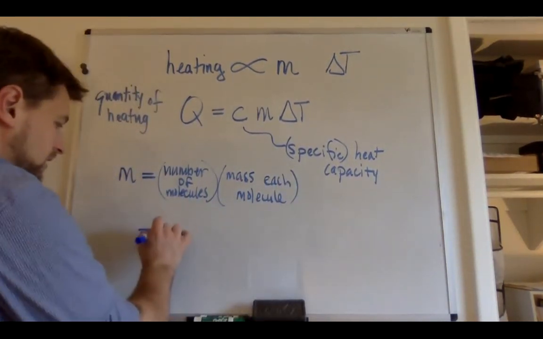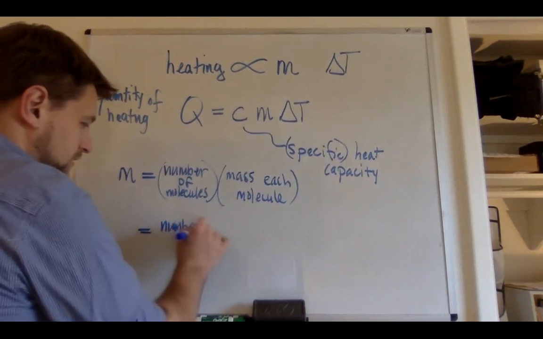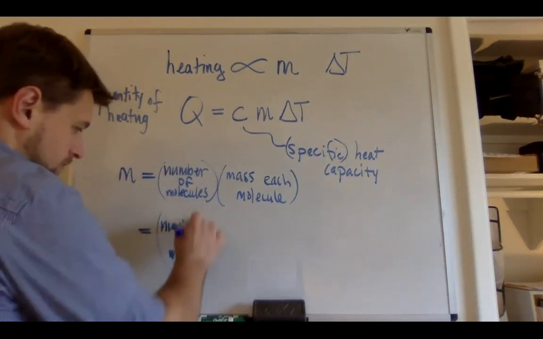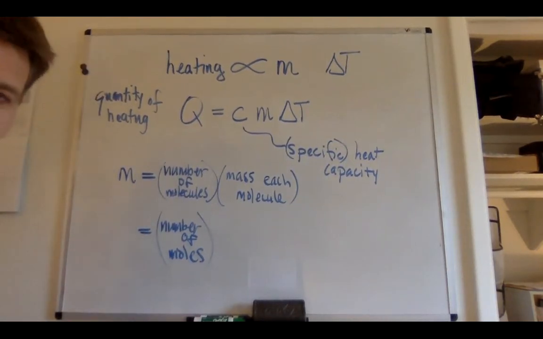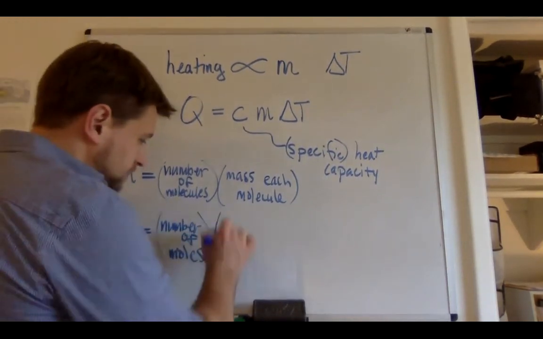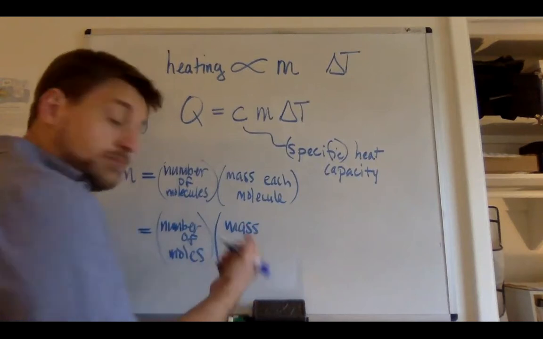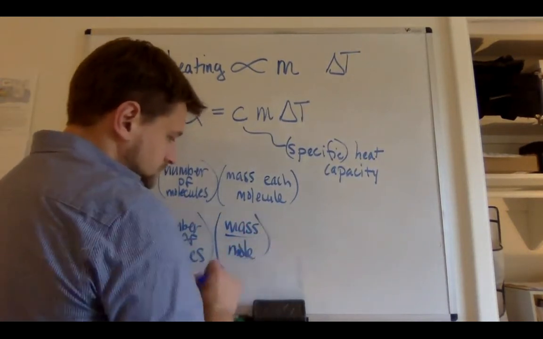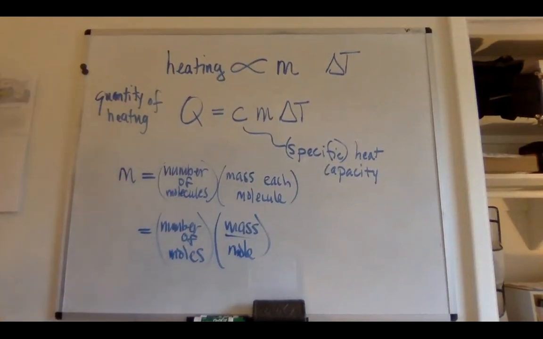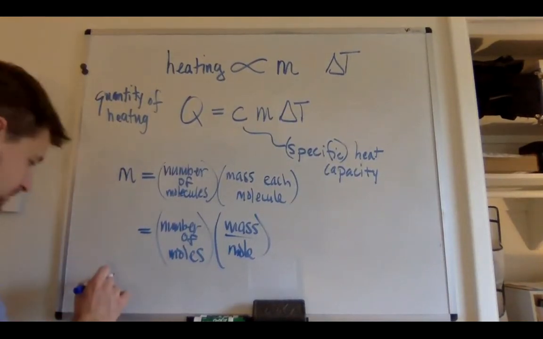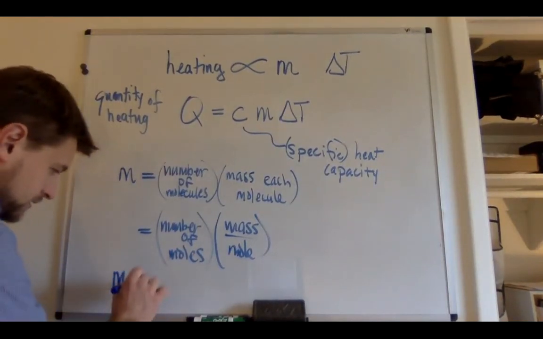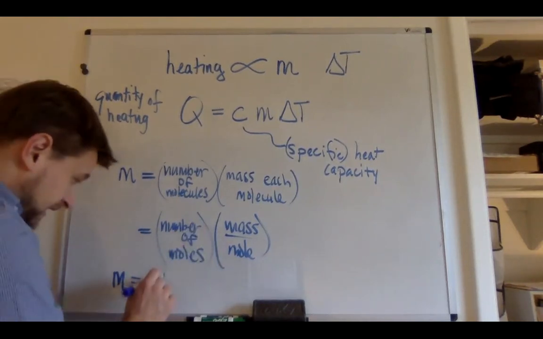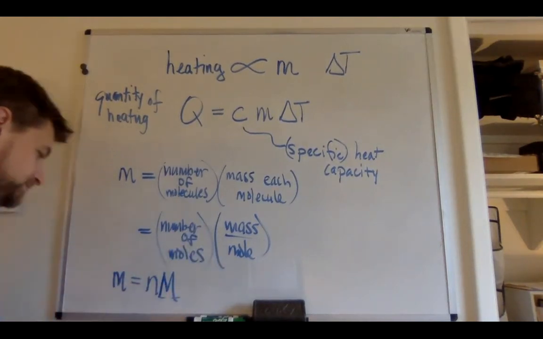We would rather count the number of, think back to chemistry, the number of moles, and multiply that by the mass per mole, or the molar mass. So in the textbook, you'll see the equation written m equals nM, lowercase n, number of moles. Molar mass, they use a capital M.